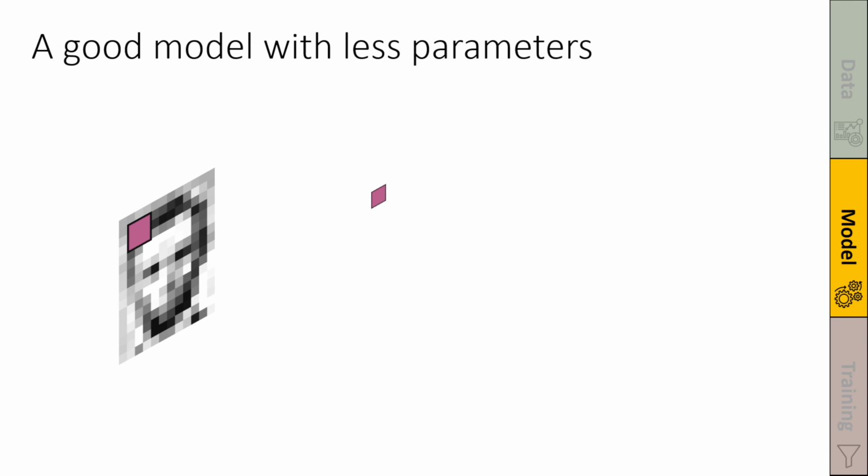To do that, we can simply slide the same set of weight connections across the image and get new units. So we slide it 1 pixel at a time, and that would give us another unit that is sensitive to the same feature, but at a slightly different position. Slide it again, gives us another unit, and we continue sliding 1 pixel at a time until we cover the whole image.